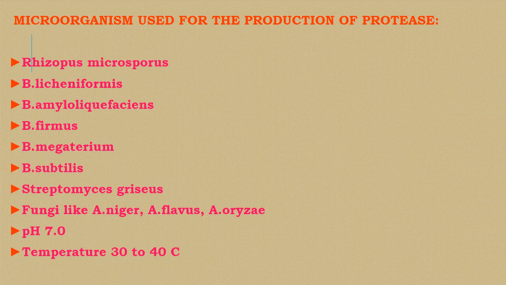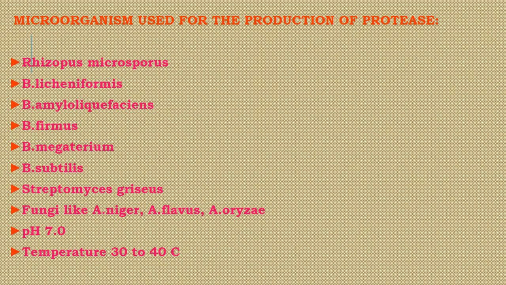When we talk about the microorganisms which are able to produce this protease enzyme, we know that there are different classifications, and based upon that classification these microorganisms will also vary.